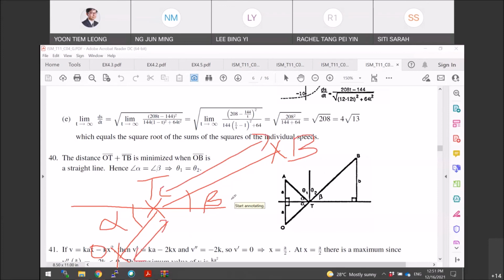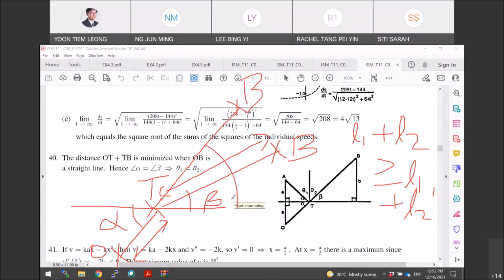Based on very simple geometry, the sum of the lengths L1 plus L2 would always be larger than the length of L1 plus L2 prime, where L2 prime is the length of the segment to B when beta is equal to alpha.